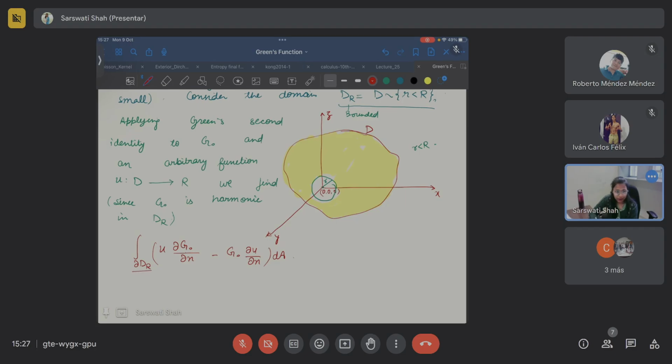the integral is over the boundary of D_r. What will be the boundary of this domain according to this figure? Can anyone tell me? The circumference.